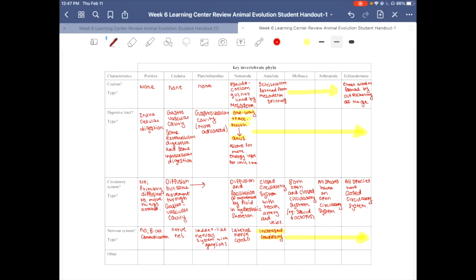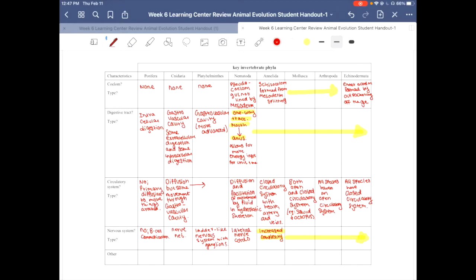Their digestive tract is different between the phyla, their circulatory system is different, and the nervous system is different. So we would list that Porifera has intracellular digestion, but Cnidaria has a gastrovascular cavity. We would just list all of them because it's asking for a group of key characteristics.